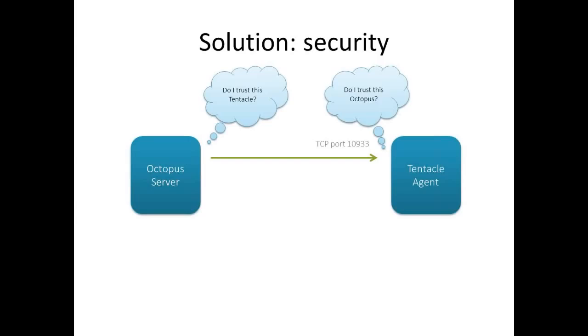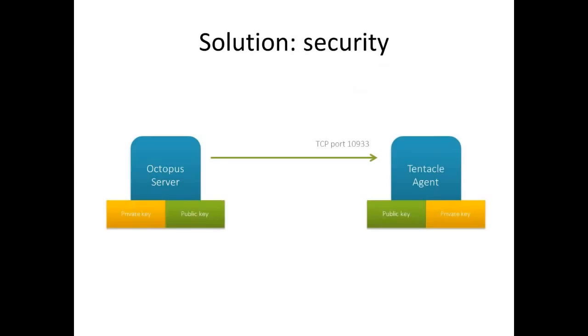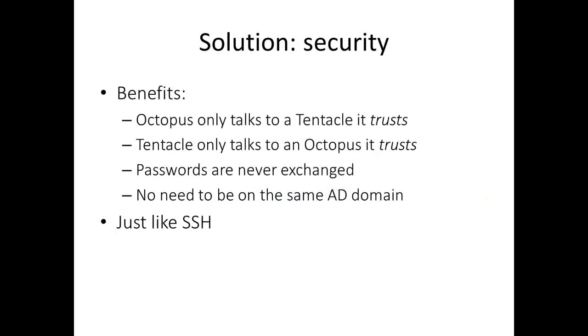So the way we approach it in Octopus is using public key cryptography. When you install your Octopus server, we generate an X509 certificate with a private key and a public key, and we do the same when you install the agent service. As an administrator, when you set these up, you exchange just the public keys to set up a two-way trust relationship. The tentacle will only accept commands from an Octopus that it trusts, and vice versa.